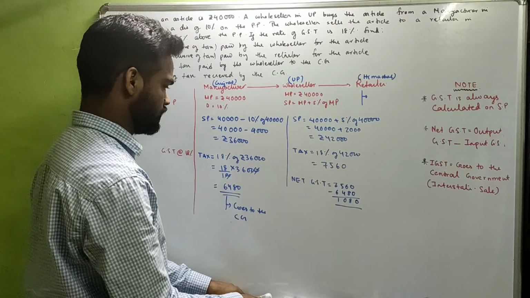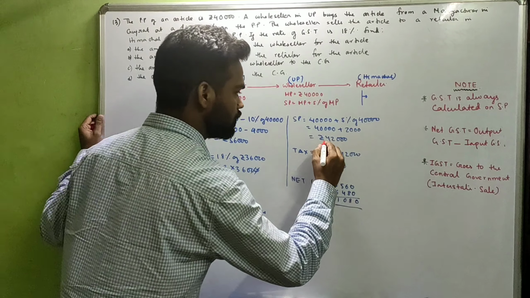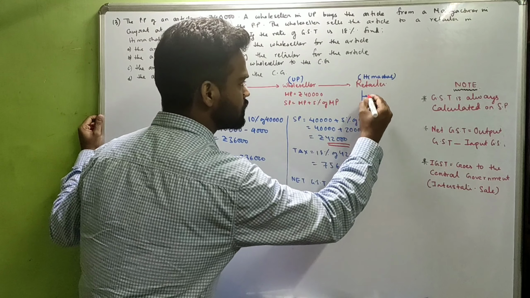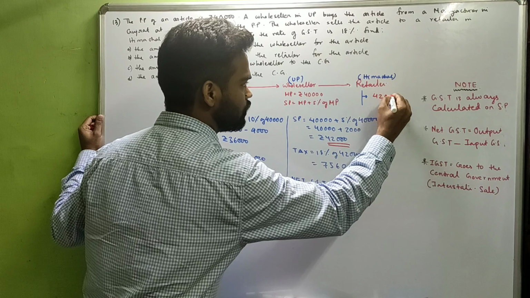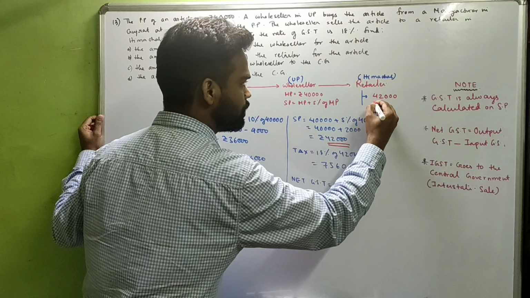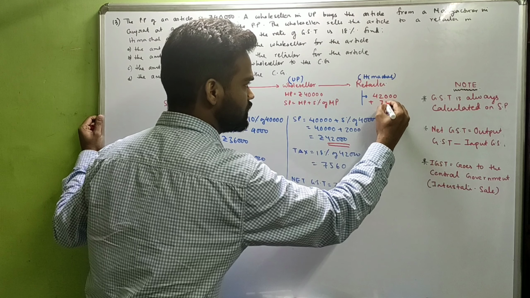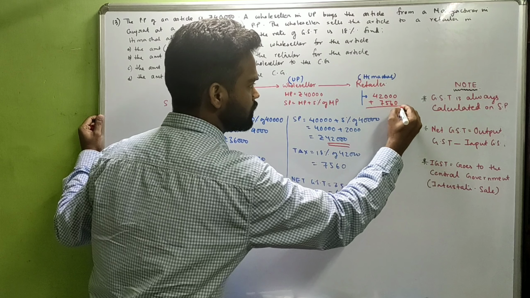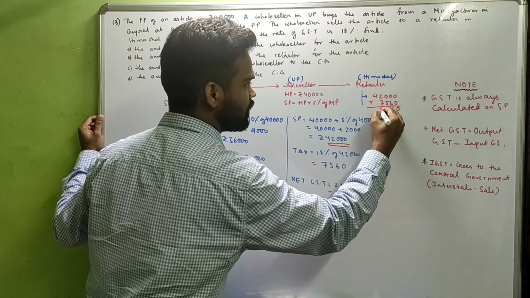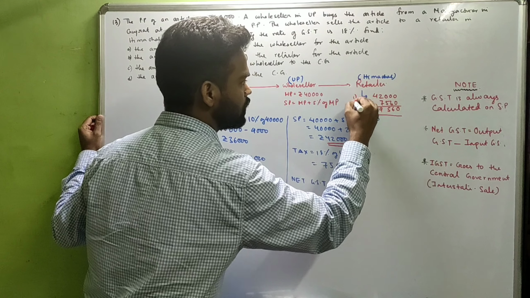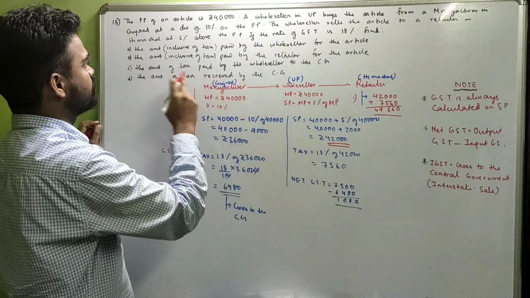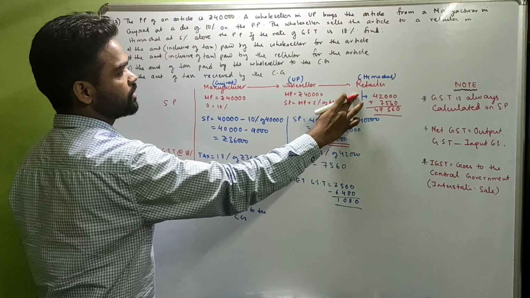Okay. So the retailer buys it, look carefully, for this, 42,000 plus the tax he has to pay, which is 7,560. Now let us see. First one was that only, I think. No, first one was not that.